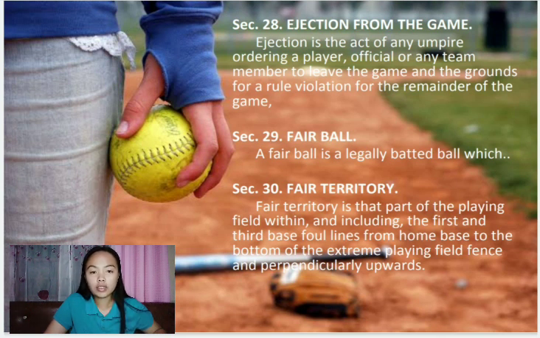Next is section 29, the fair ball. A fair ball is a legally batted ball which first settles or is touched on or over fair territory between home and first base and between home and third base. Next, it bunts past first or third base on or over fair territory regardless of where the ball hits after going over the base.